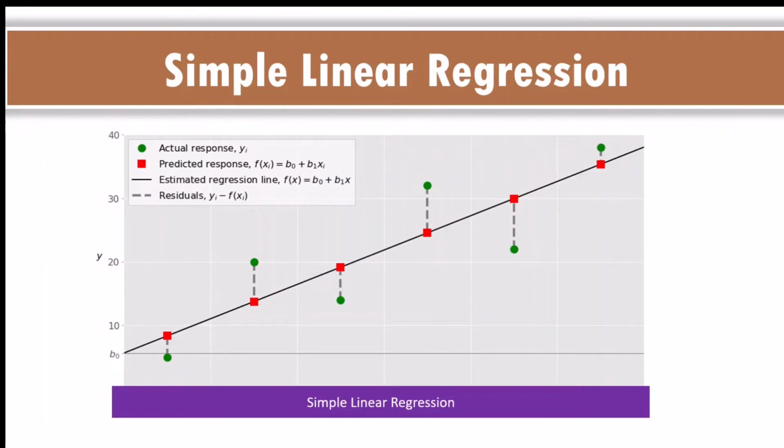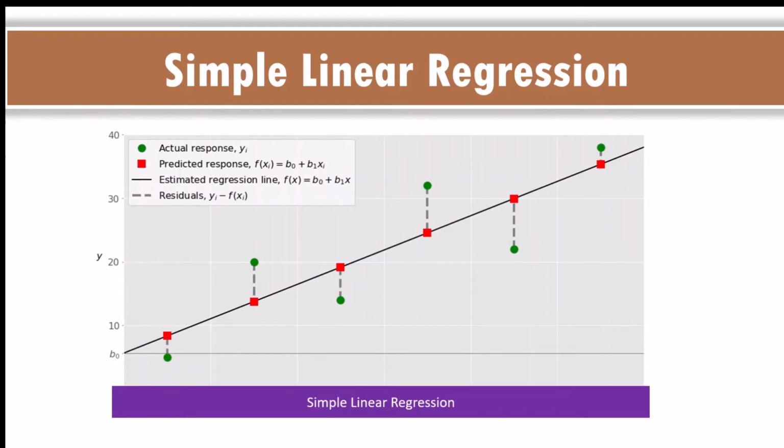Those are residuals. When we draw a line among the predicted values, that is the red rectangles, that line is called a regression line. The formula for that line is beta 0 plus beta 1 times x1. That is the formula for the regression line. It is a simple linear regression.